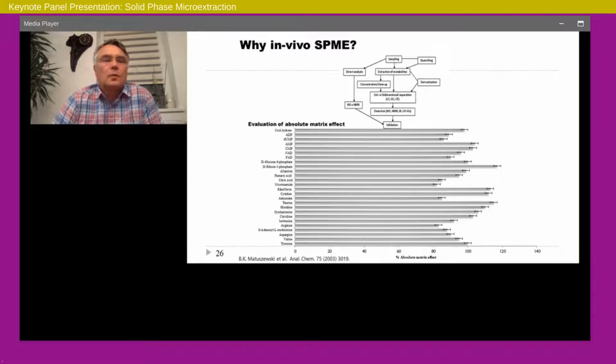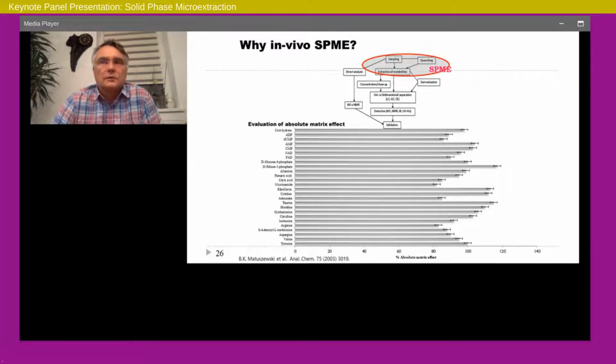Now, the other beautiful feature of SPME, as I mentioned at the beginning, is that you can sample directly from the source, which makes it an excellent tool for in vivo SPME. The primary reason is that you don't need to take the tissue out. So we call it chemical biopsy.